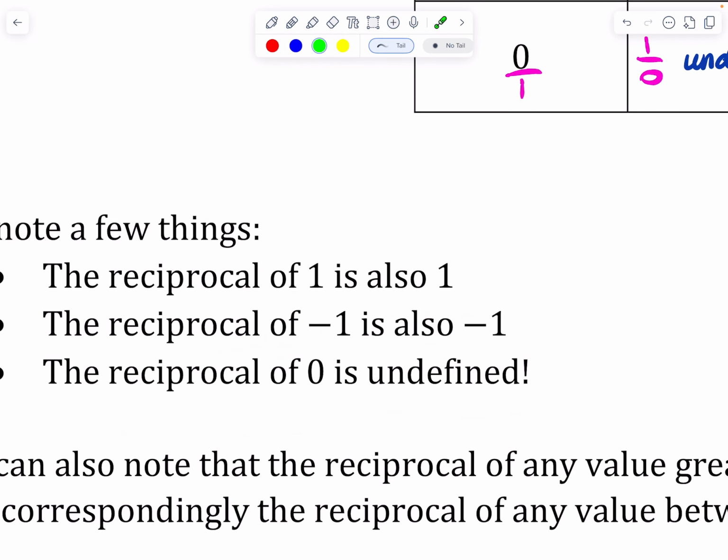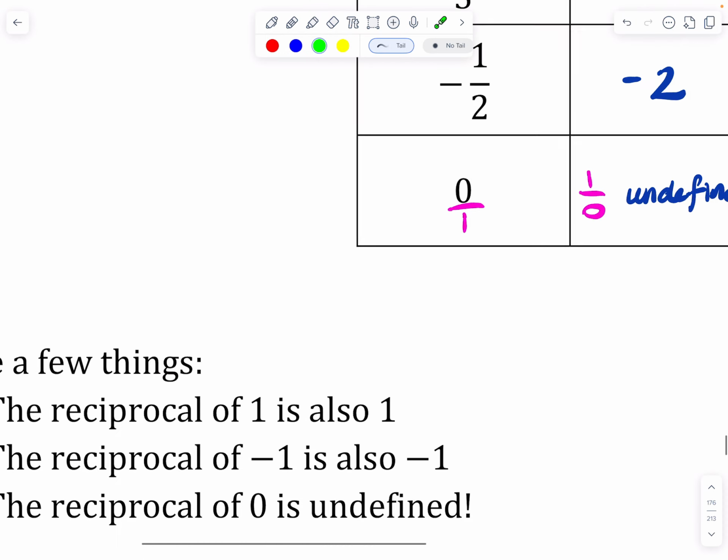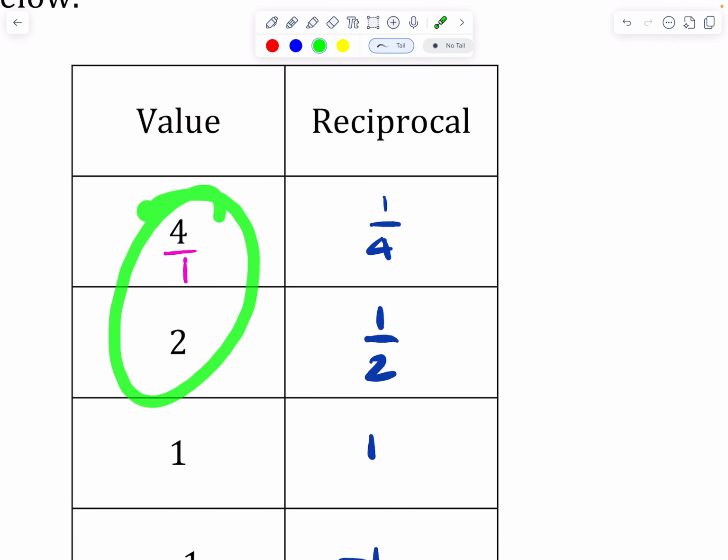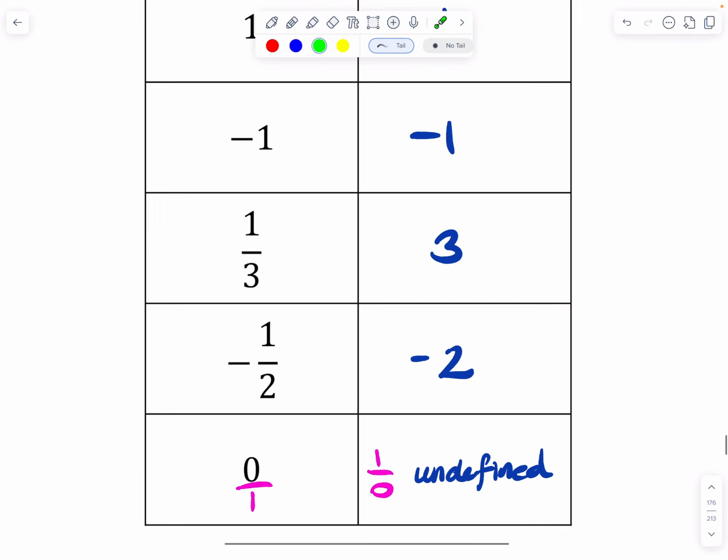We can also note that reciprocals might be higher or lower depending on what values we were working with. The reciprocal of 4 and the reciprocal of 2 are tiny values. The reciprocal of 1/3, though, was a bigger value.